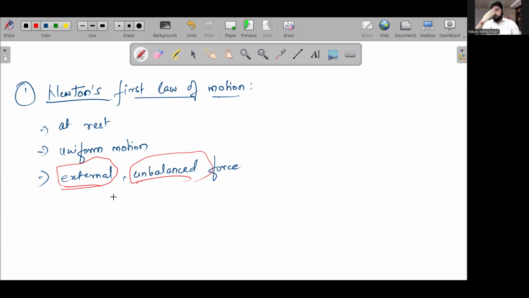That is Newton's first law. That means you need an external unbalanced force to make an object at rest move or bring an object in uniform motion to rest, right? That is what Newton's first law of motion is. So it clearly says that you need a force to change the state of motion.